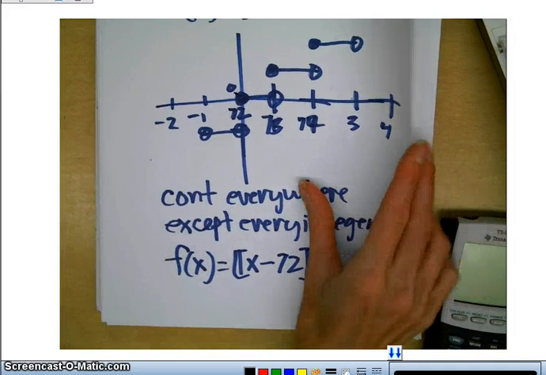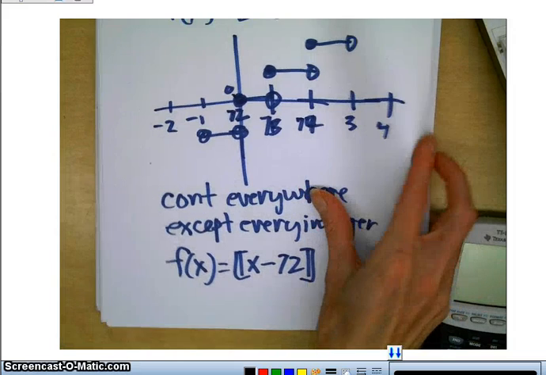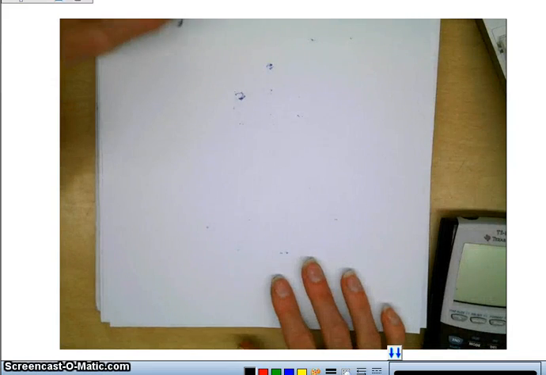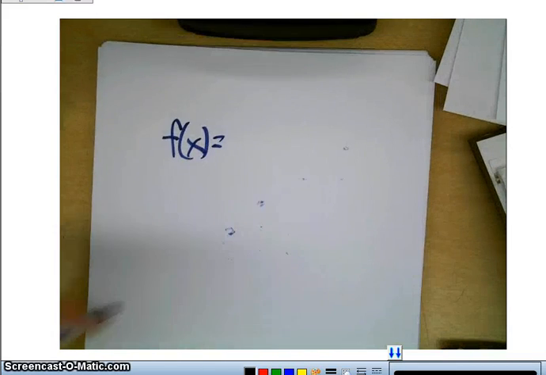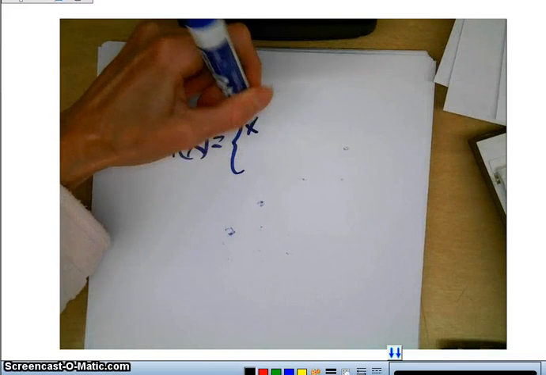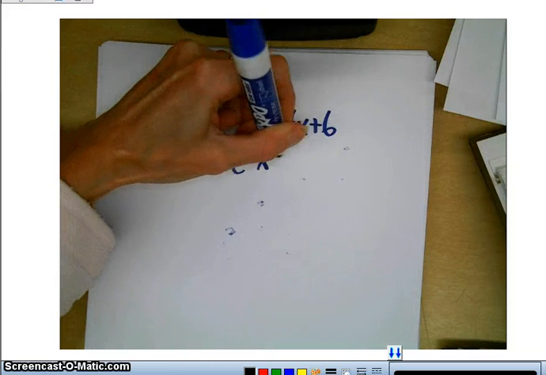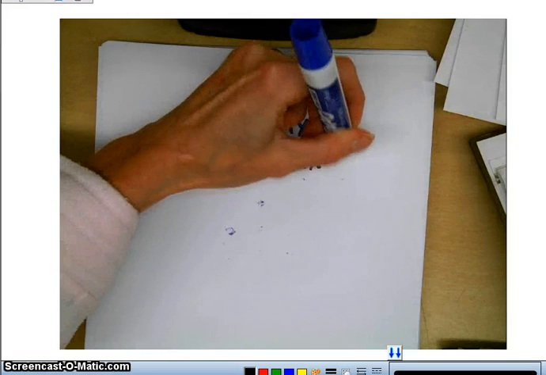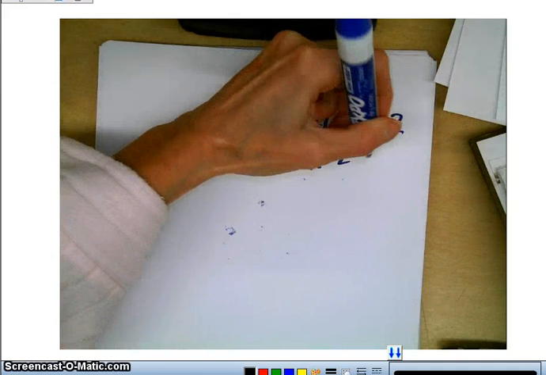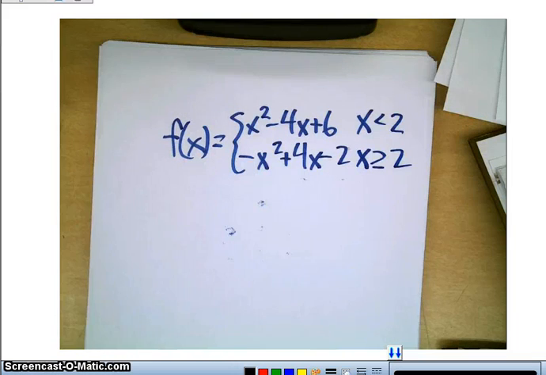Piecewise functions. Everybody loves piecewise functions. Give you a piecewise function, you're happy for a week, right? Where are these things continuous? This is a homework problem I know you've done. You have to figure out where that is continuous.